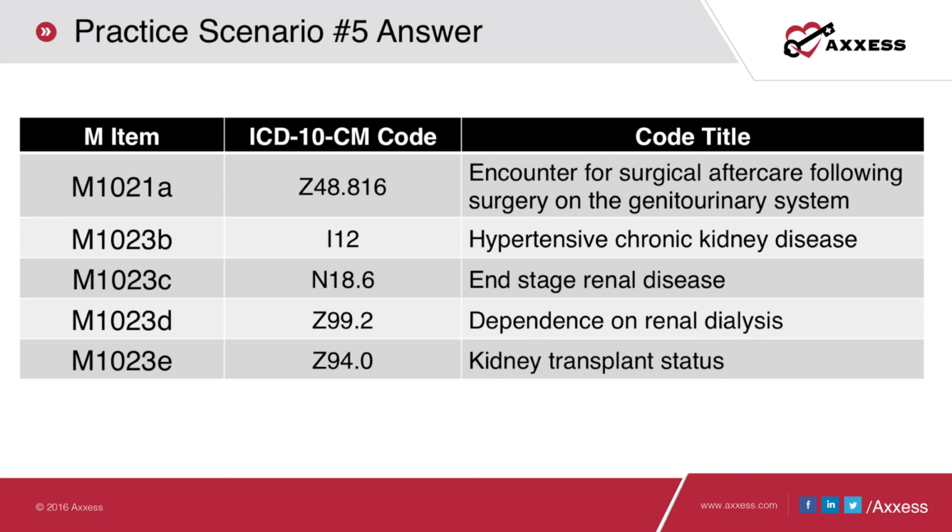And then last, we have to show that the patient has a kidney transplant status, Z94.0. Now, if you're still doing incision care at all, doing dressing changes, you would also add the code at the last code place for the change of surgical dressings.